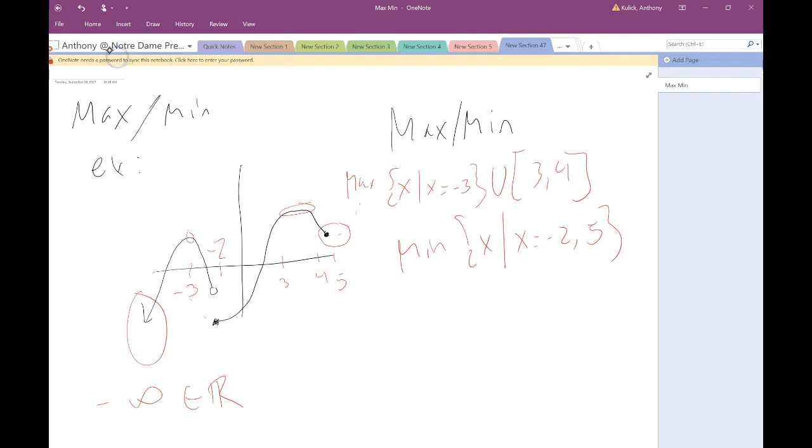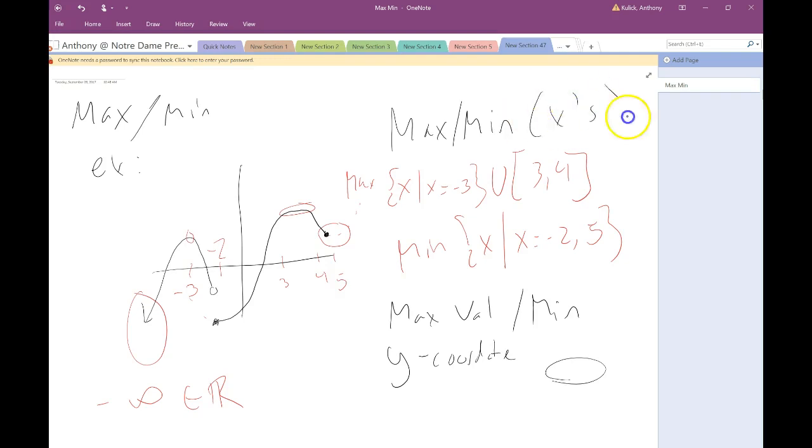Claudia, does that feel any better about what we mean by a maximum or minimum? If we wanted to talk about a max value or minimum value, that would just be the y-coordinate at those places. So the maxes and mins are x's, and the max and min values are y's.